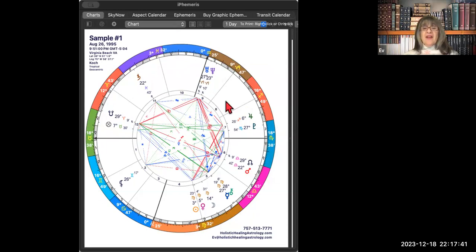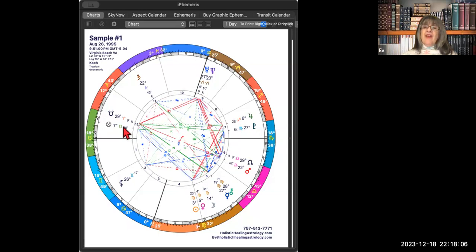Everybody's chart has every sign in its chart. Everybody's chart has every planet and position or abstract point in the chart. And everybody has 12 houses in their chart.